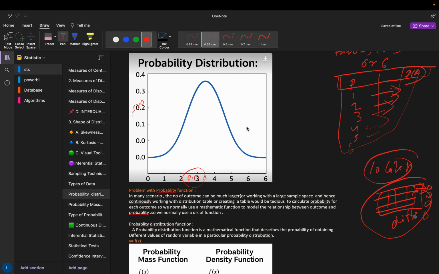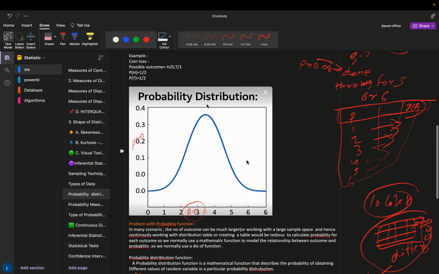This type of problem is normally solved by our probability distribution function. So we can say that in probability distribution, we create a table to find the probability of our possible outcomes.